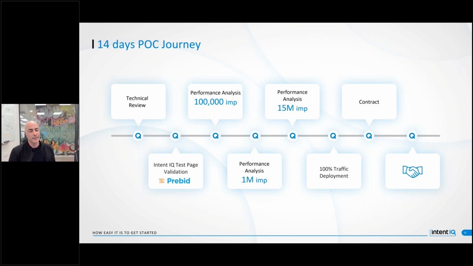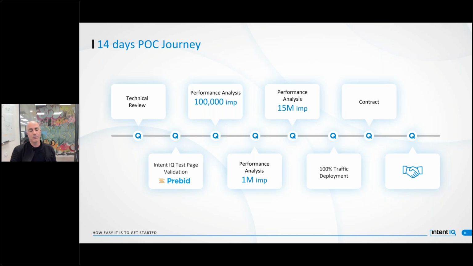IntelliQ test page validation would be the next phase, where you're going to get a green light, thumbs up, saying you're good to go. And we're going to go to the next phase of 100,000 impressions. Once we see that 100,000 impressions creating that expected lift in revenue, seeing amazing results from day one, we would wait another 24 to 48 hours and jump to the next phase of 1 million impressions.